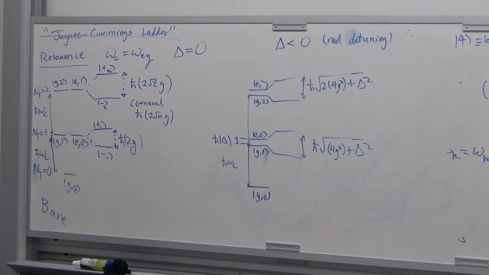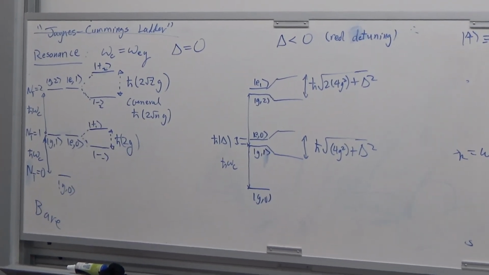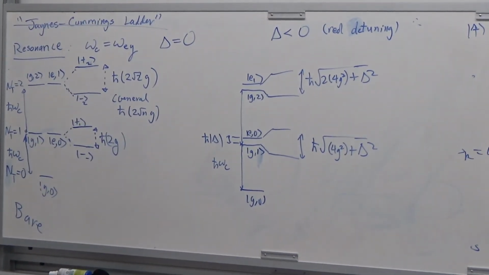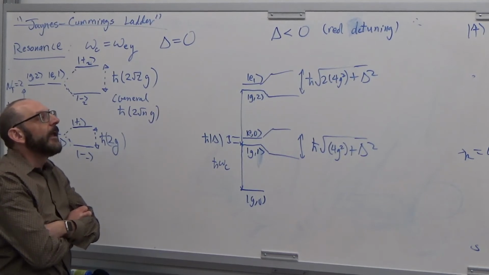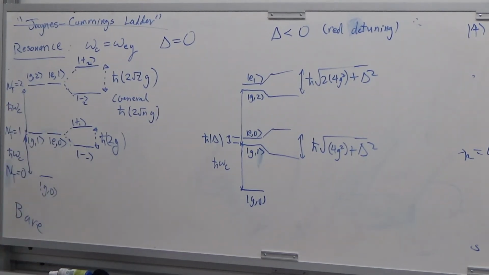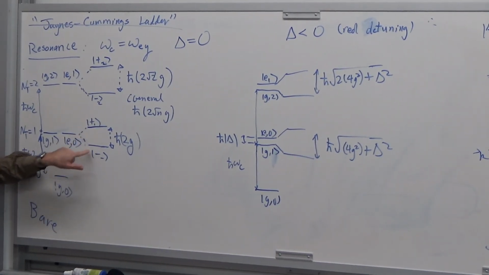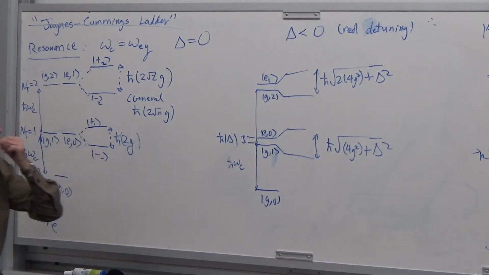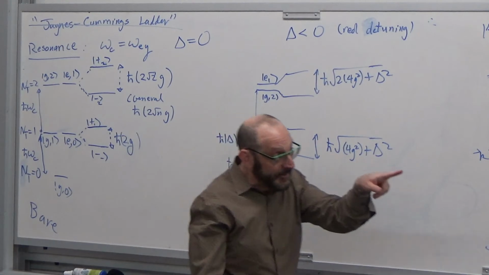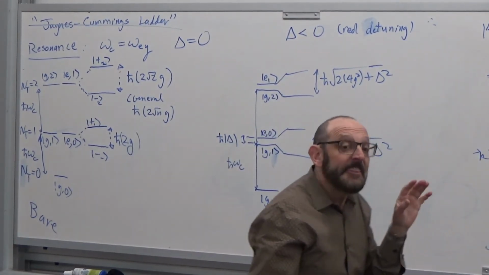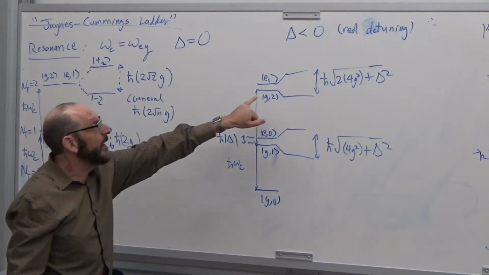Not to be rude, but it's a little bit misleading the way you draw that diagonal line, because when you get to the hybridized states, they contain pieces from both. That is correct. Particularly in this case, on resonance, this would be an equal superposition of those. Now, when the detuning is big and theta is small, then it's not so wrong to draw it this way.